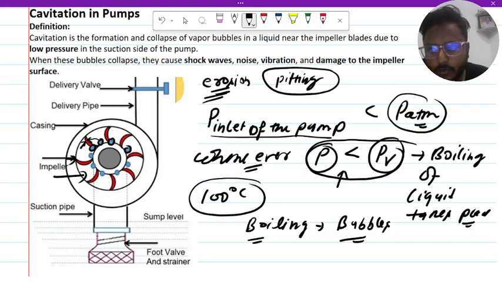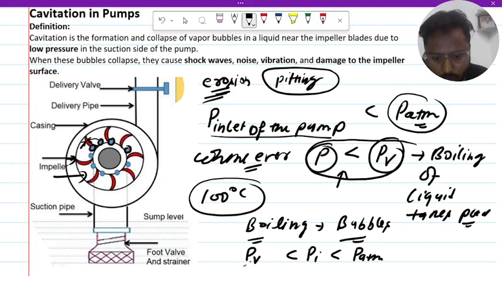So the pressure at inlet must be less than atmospheric pressure but greater than the vapor pressure of the liquid.